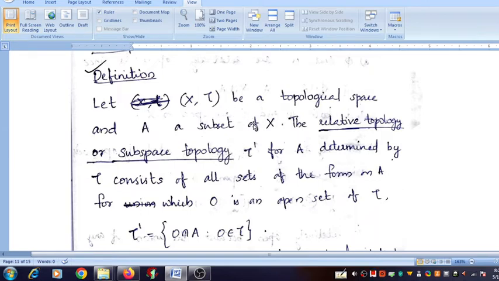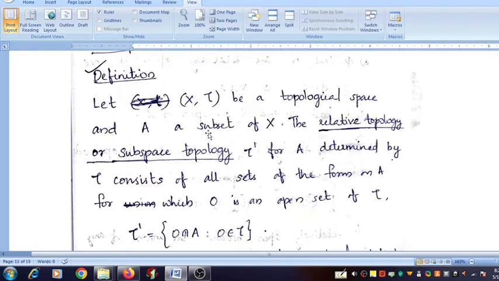We know that open sets are contained in the topology tau, and using these open sets we can define the new topology, the subspace topology.